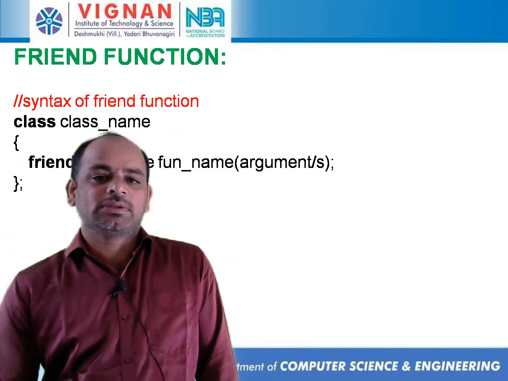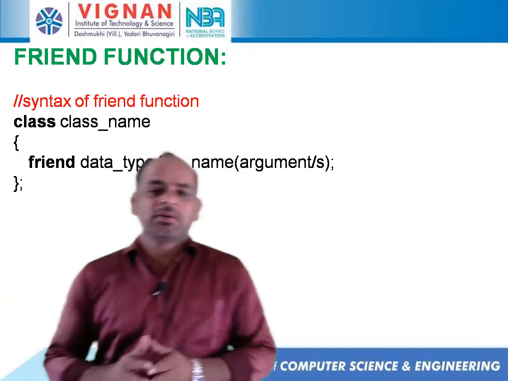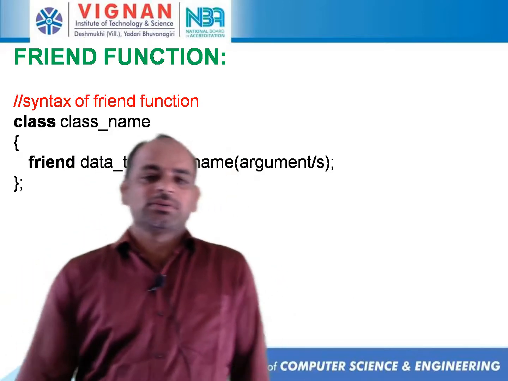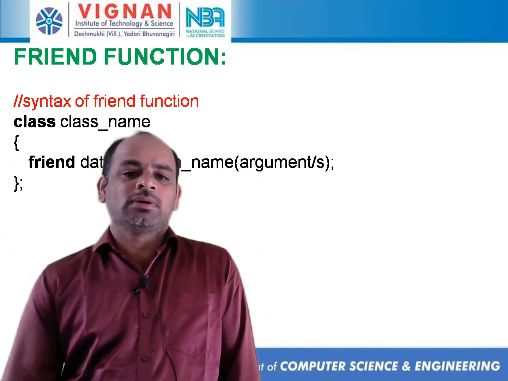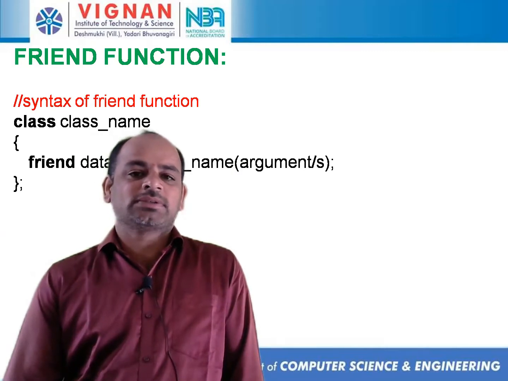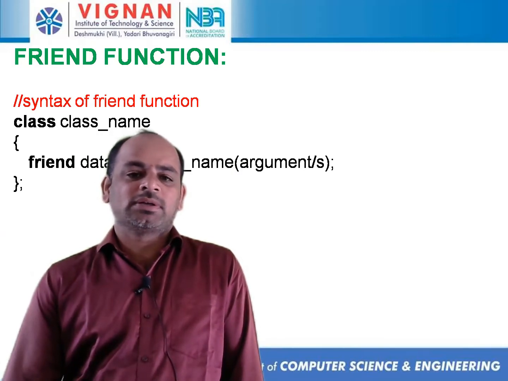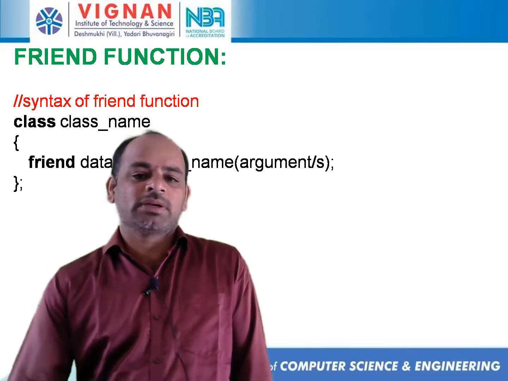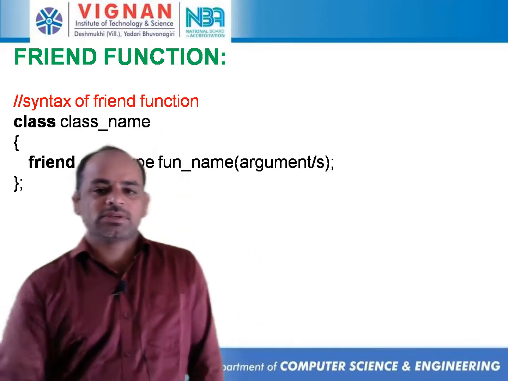You can see here the syntax for how to declare a friend function. Here class is a keyword, and this is the name of the class, just like a class declaration. Within this, one of the members I am declaring as a friend function.